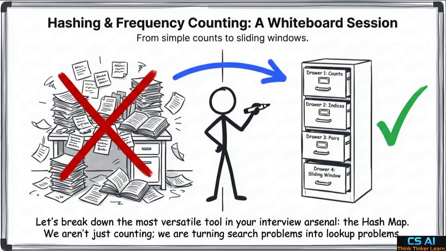But on the right, we have a filing cabinet. By using hashing and frequency counting, we turn these tedious search problems into instant lookups. Today, we aren't just counting characters. We are learning how to organize data so the computer can find exactly what it needs in constant time.